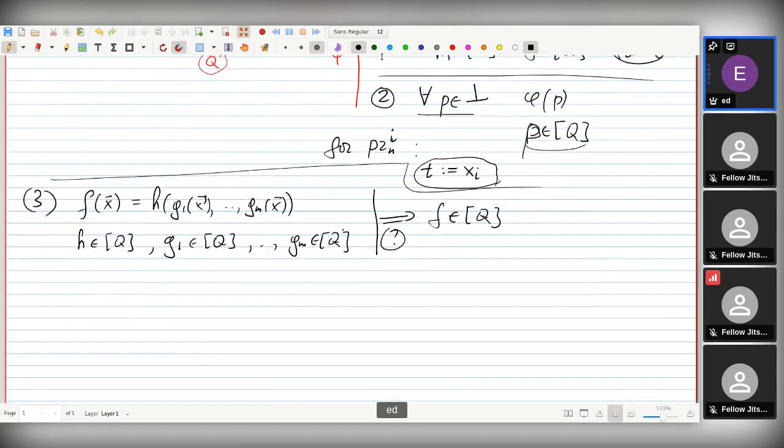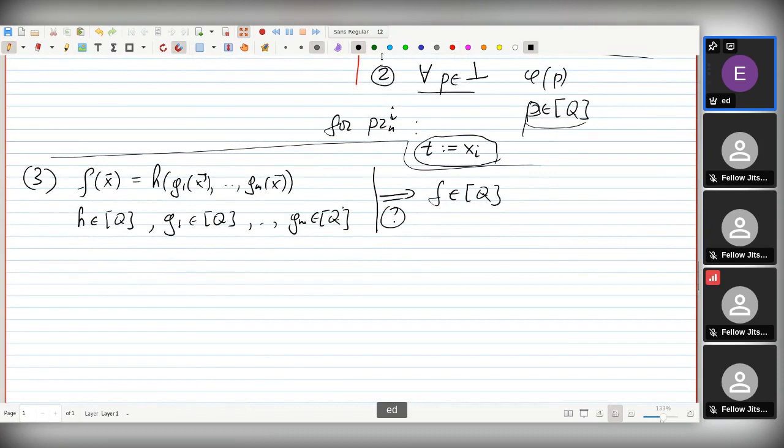It is not hard to do so, but I should fix some circuits for these functions. So let D compute H, let Ci compute Gi.